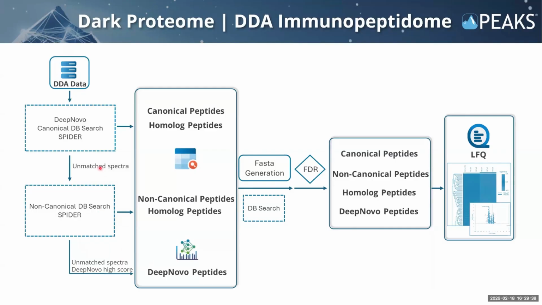We do perform SPIDER to search for any mutations in the sample as well. Any unmatched spectra will once again be reported as de novo peptides with a high score, and any of these peptides can go along to perform label-free quantification.